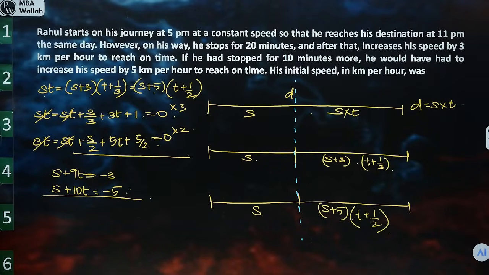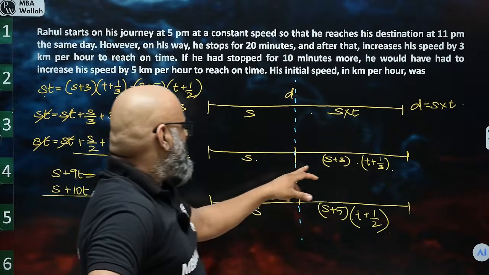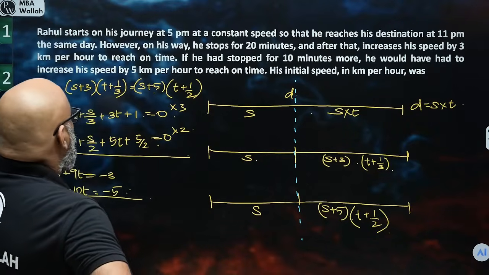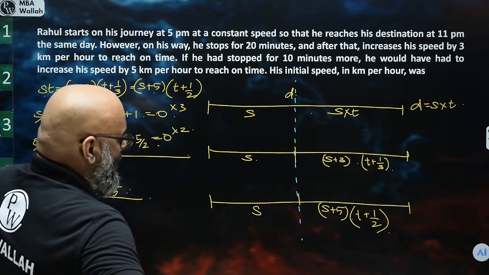Now I can solve for this. Are we going in the right track? I'm getting a negative value. s plus 3 into t plus 1 by 3, this is 20 minutes, right? Yes, 20 minutes.